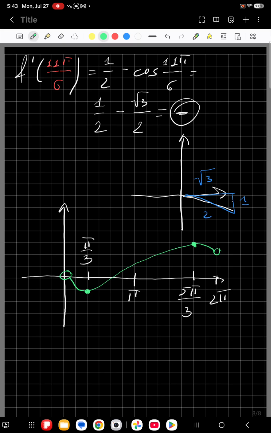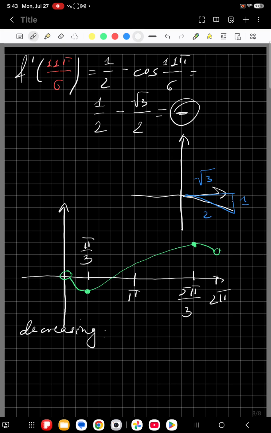Okay, so we found those minima and maxima. So let's write it down. Increasing or decreasing. I didn't really specify what our task was in this problem, but we were supposed to find the local maxima and minima, and intervals where function is decreasing and increasing.